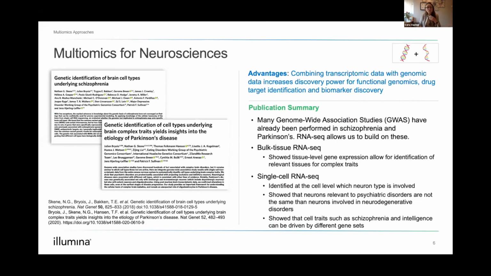I just wanted to give an example with a couple of papers, which are complementary, one from Skene and the other from Bryce. I think they were very interesting. They really show the value of multi-omic, especially when it comes to putting together transcriptomic data after getting loci from GWAS.